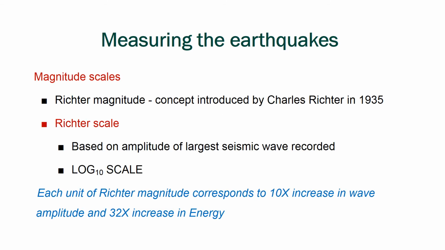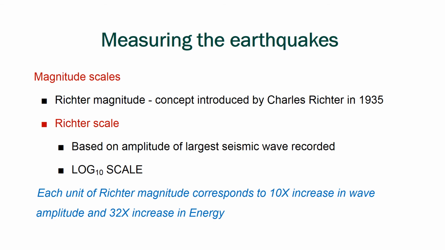But for the magnitude scale, which we call Richter magnitude, this concept was introduced by Charles Richter in 1935, and it's based on the amplitude of the largest seismic wave recorded. And it is a logarithmic scale.